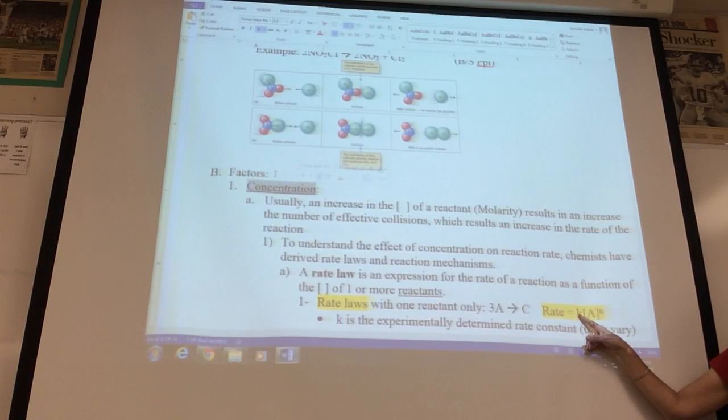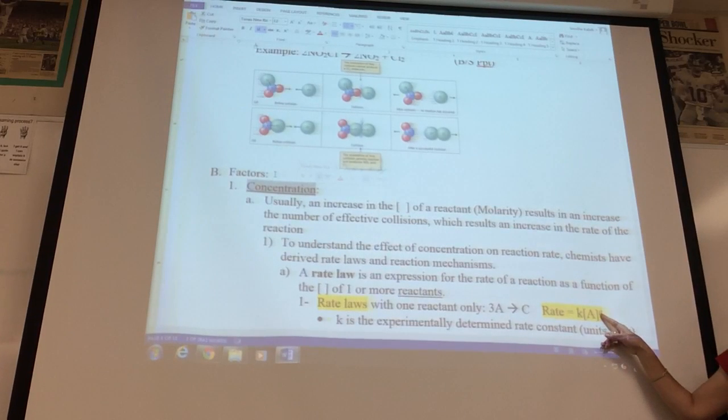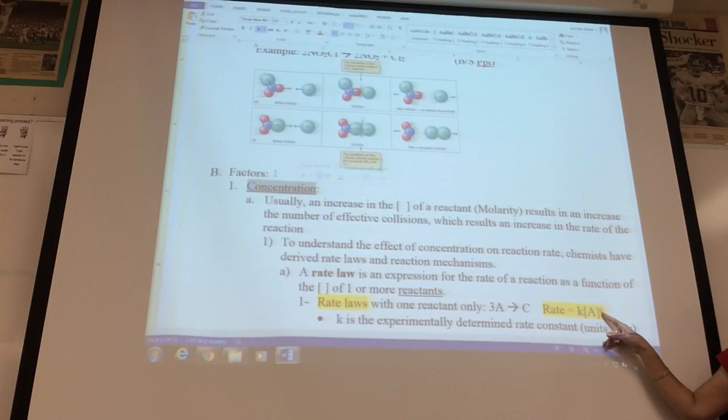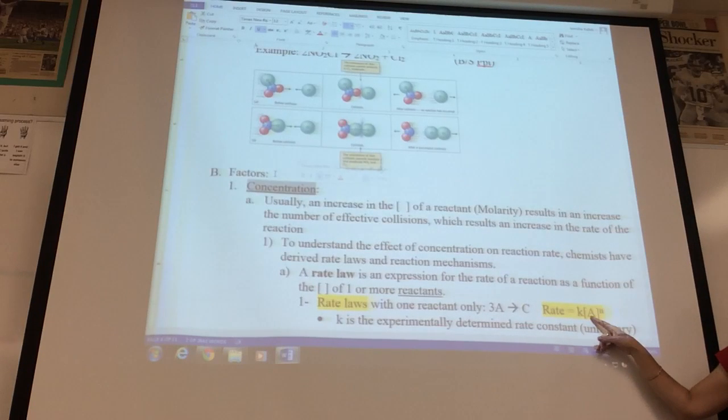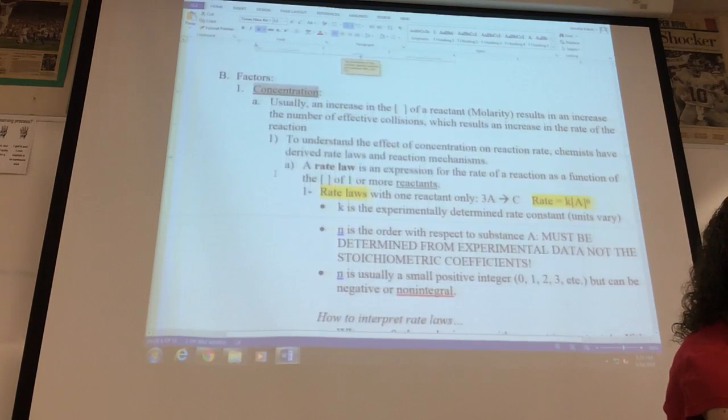We're not going to solve for it. You're just going to put a k in there. Concentration of reactant A raised to the n power, where n is the order with respect to A. It will tell you how altering the concentration affects the rate, and we'll take a look at that mathematically.